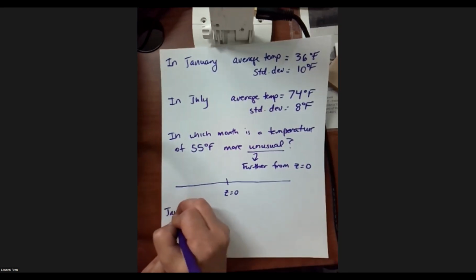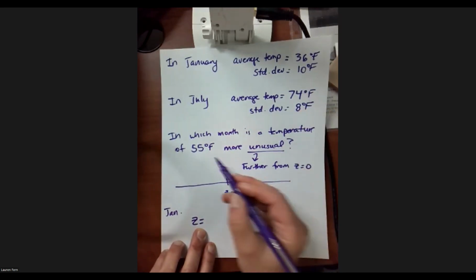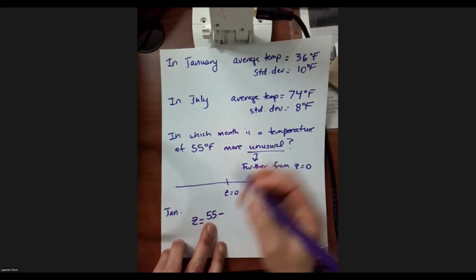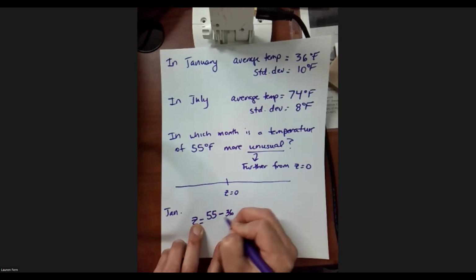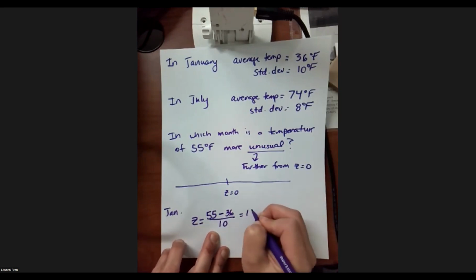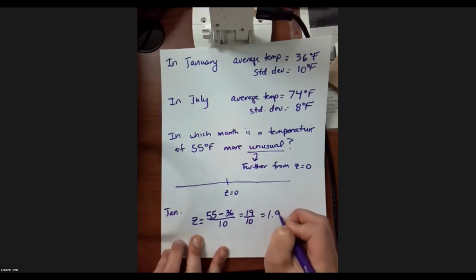Well, we can do January. We can find the z-score. Again, the particular temperature we're looking at is 55 minus the mean divided by the standard deviation. You're going to get 19 over 10, which is 1.9.